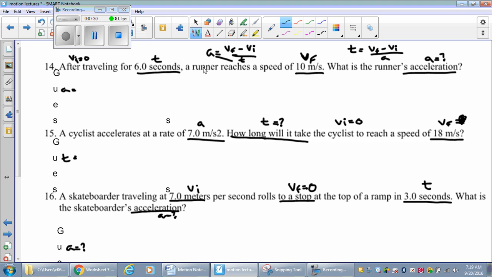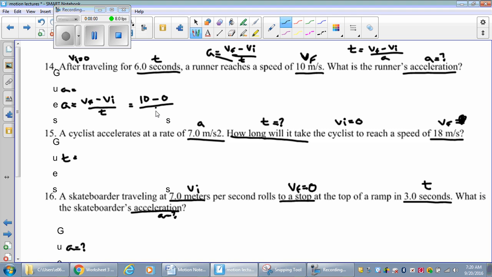Okay. So let's see, we're looking for acceleration, so we're going to use the first equation over here. So acceleration equals v final minus v initial, so your last velocity minus your first velocity, and then divided by your time. Okay, so let's go ahead and substitute that. Let's see, what's our velocity final? 10 meters per second minus our initial is 0, right?